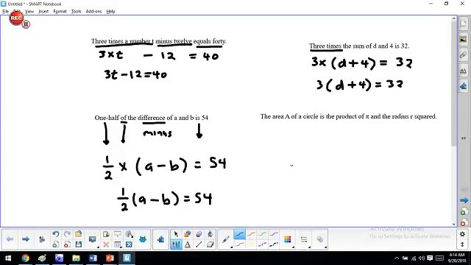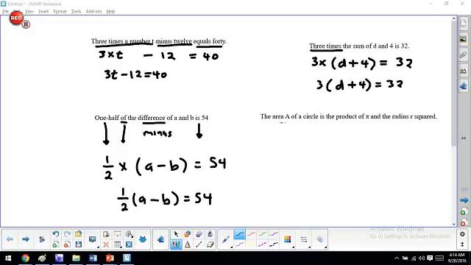Here's the last one. I think this would probably be our hardest one yet. This one is talking about the area of a circle. This is the product of pi and the radius squared. Product means multiplication.